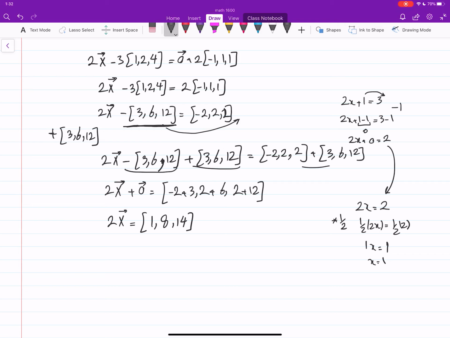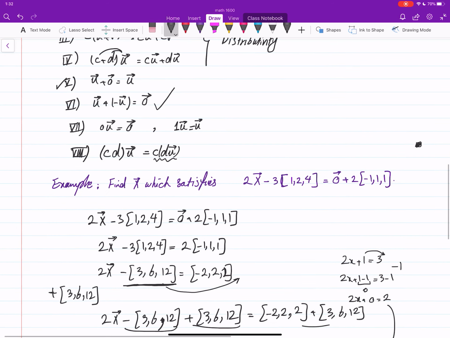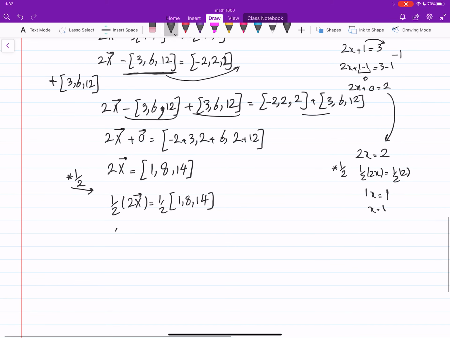Here also we do the exact same thing. Multiply both sides by the inverse of 2. So you get half of 2x equals half of (1, 8, 14). Then remember that if you have two scalar numbers multiplied, you can first multiply those scalar numbers. So here we can do half times 2 first, then multiply by x.